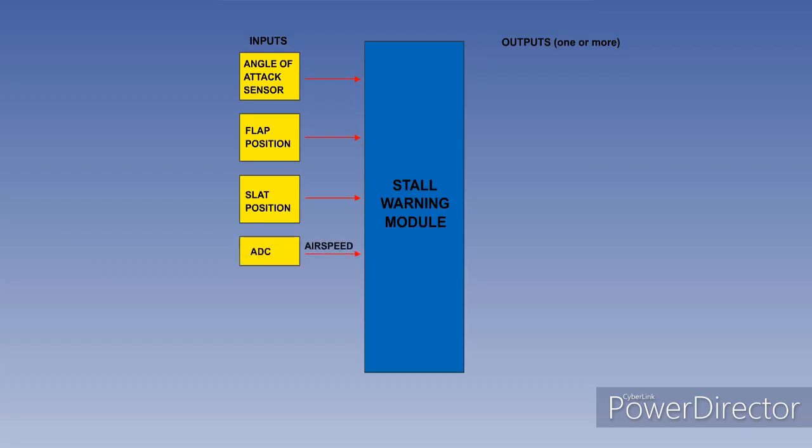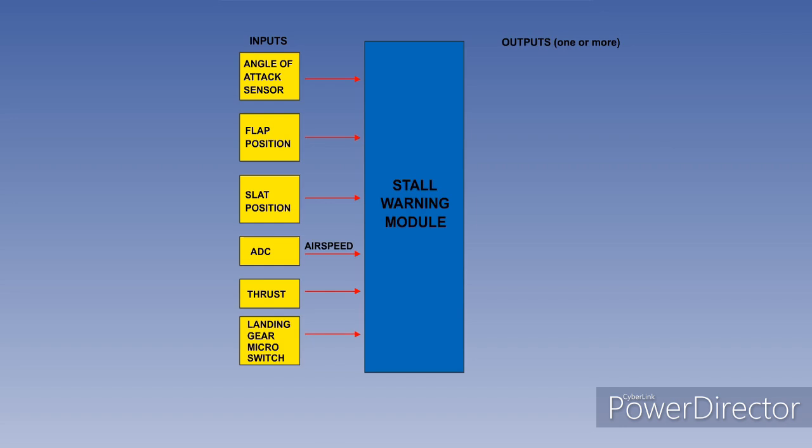Airspeed is another requirement, and is supplied from the air data computer. The amount of power on the aircraft is also a factor, as the power on stall speed is higher than the power off stall speed.